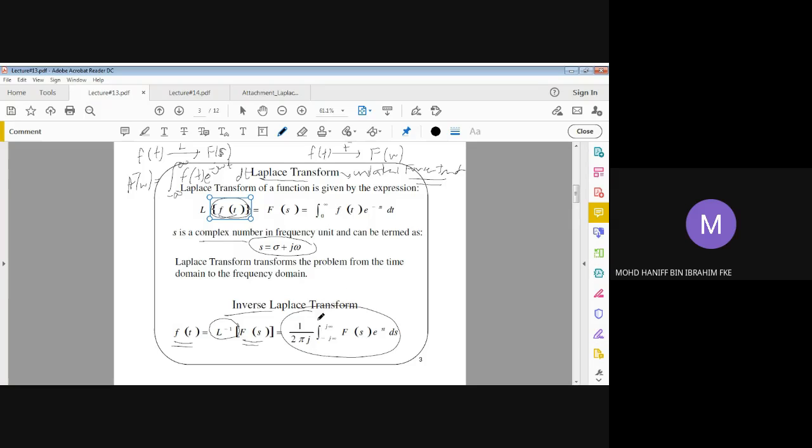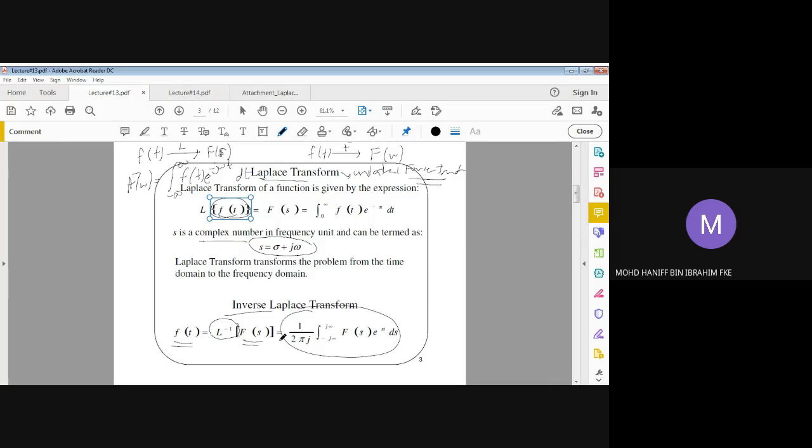As we have learned in chapter 3 on the Fourier transform, we use a table for most, or I can say all, of the transformations that we have learned so far. We just use a table for the transformation.